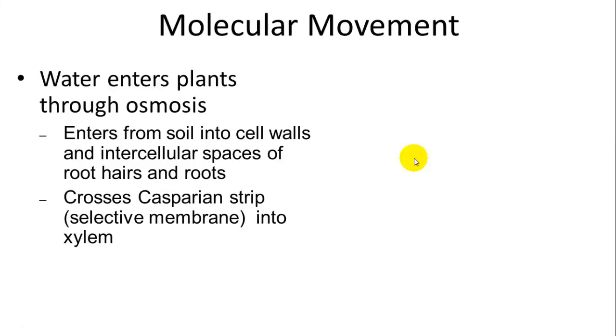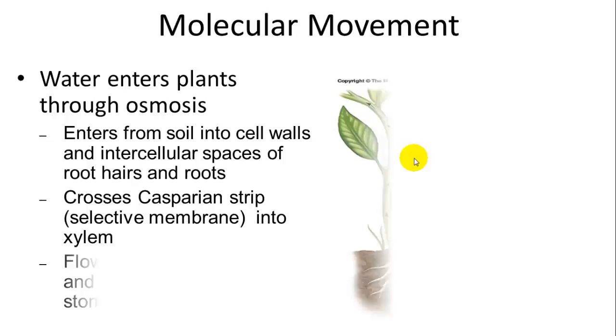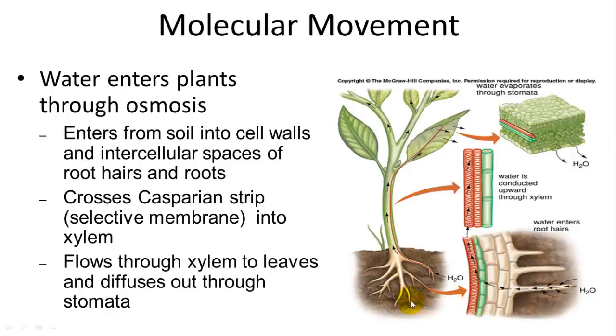So water must go through a plant, a multicellular organism, through these powers of diffusion and osmosis. So water enters from the soil through intercellular spaces of roots and root hairs.